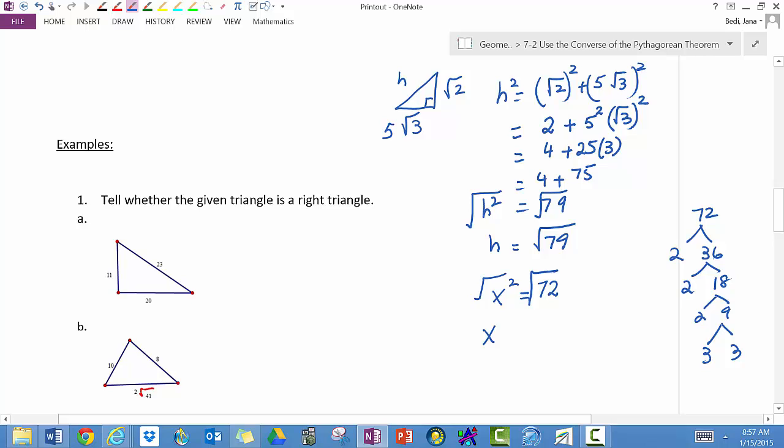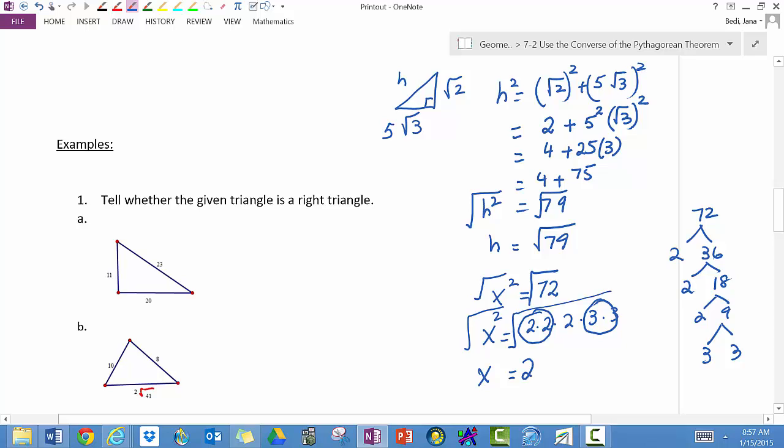Okay, so now x squared is going to be 2 times 2 times 2 times 3 times 3. So what I do is I circle my pairs, and when I take the square root of both sides, out of the radical you only get one number out.